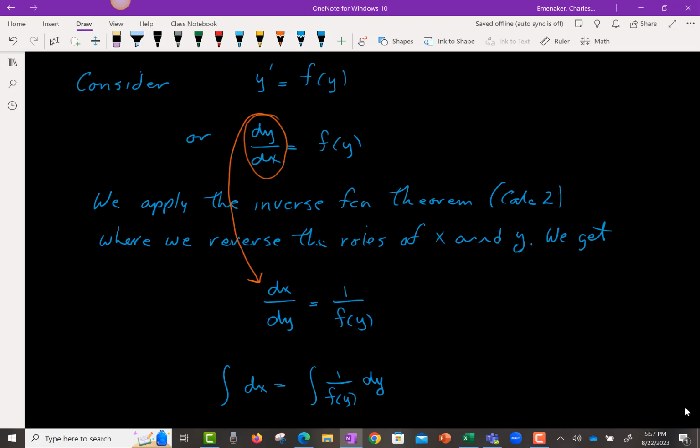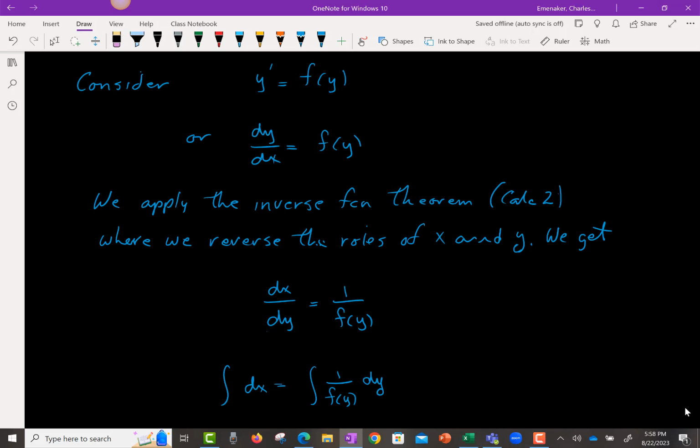And what the inverse function theorem says is that if you reverse the roles of x and y, what you wind up with is the inverse of the function. So what we're going to have here is not dy dx equals f of x, but what we're going to have is dx over dy equals 1 over f of y.